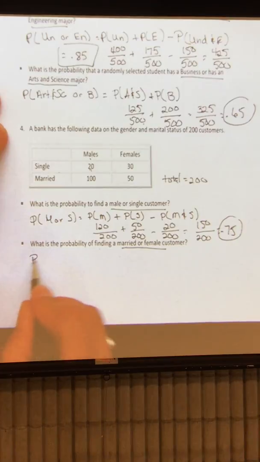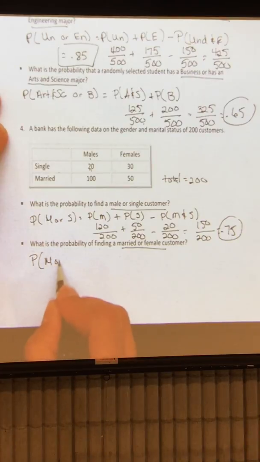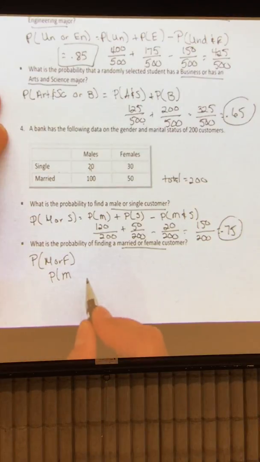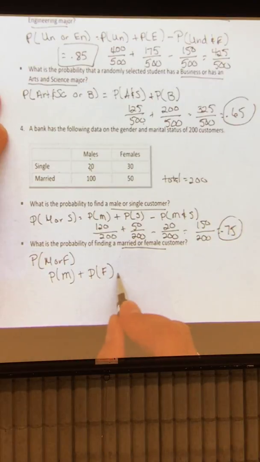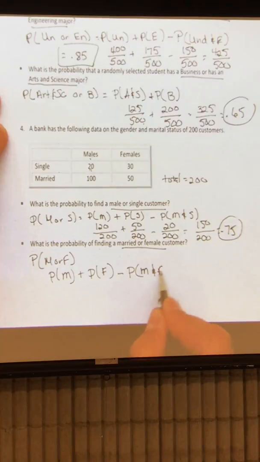And the last from number 4 is, what is the probability of finding a married or female customer? Again, the probability of married or female is equal to the probability of married plus the probability of female minus both married and female.